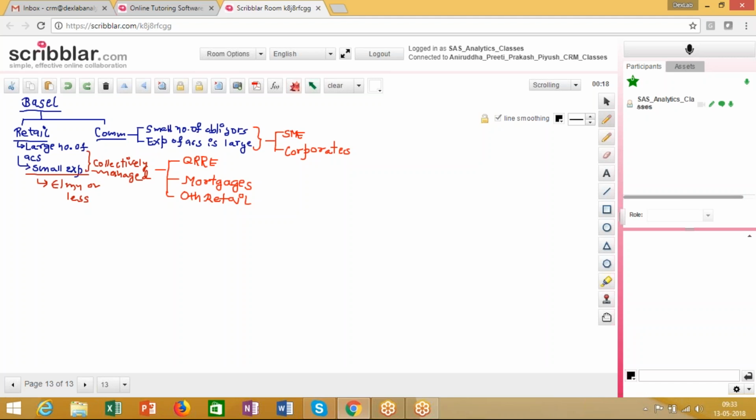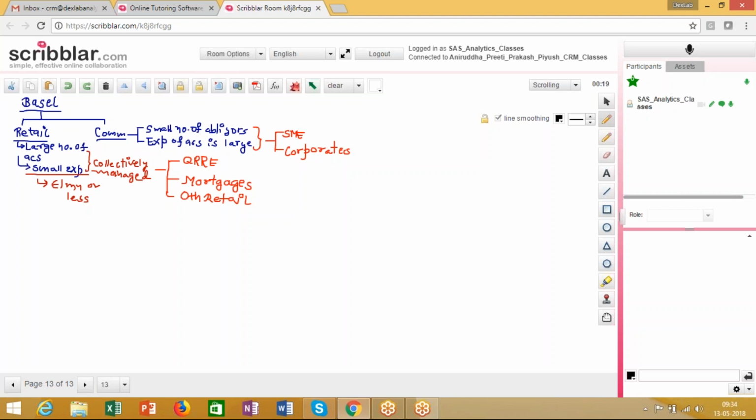However, even though the number of obligors is smaller relative to the retail portfolio, the exposure per account is very high. When I take a loan from a bank, I take around 5 lakhs, 10 lakhs, 20 lakhs. But when a commercial entity takes a loan, they take it in crores, or hundreds of crores.